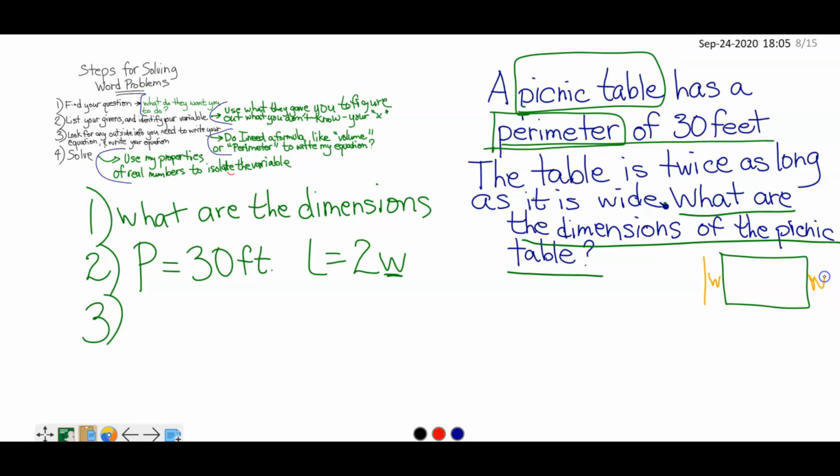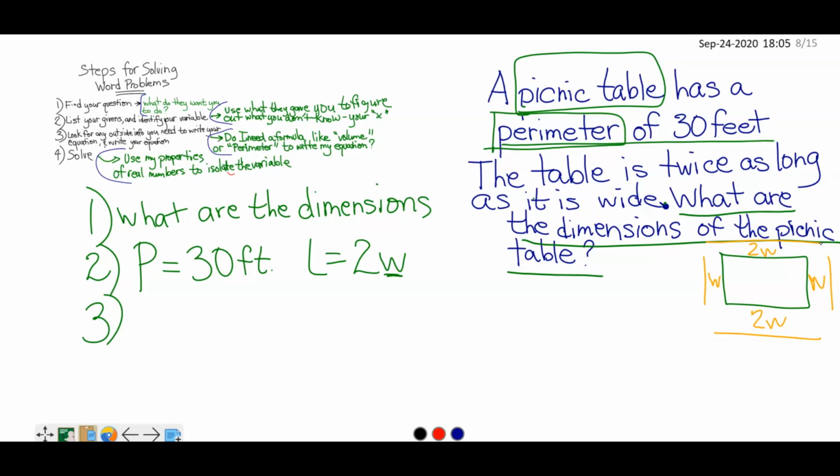So here's your width, okay? You have 2 widths, and then you've got 2 lengths, and we know the length is twice as much as the width. You add all of these up, and that's your perimeter.